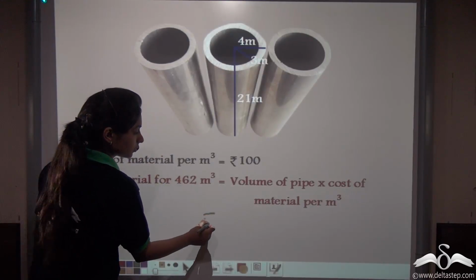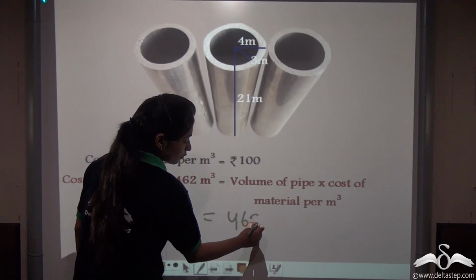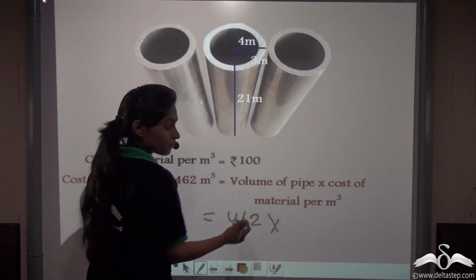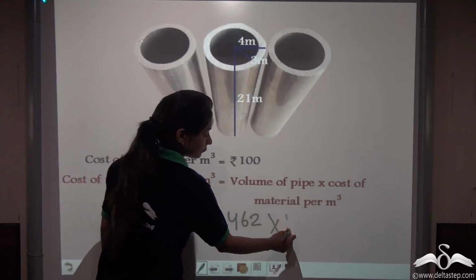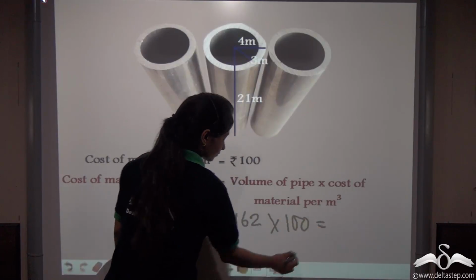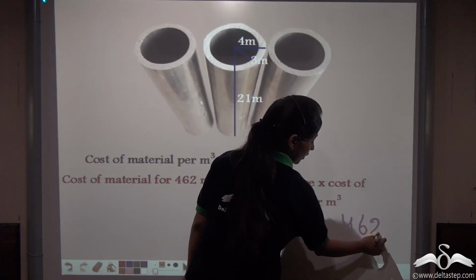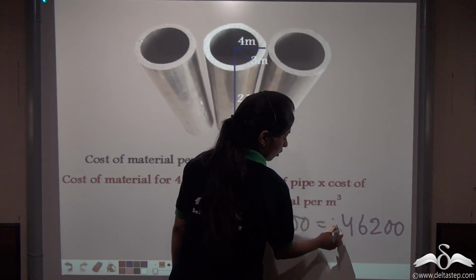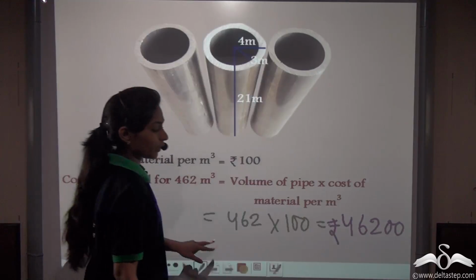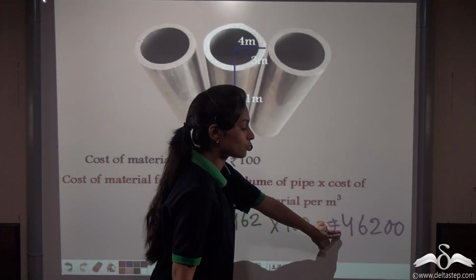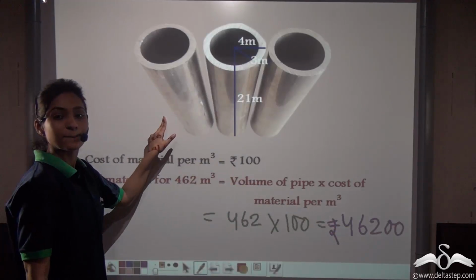So let us do this. 462, that is volume of the pipe, volume of this hollow cylinder, into cost of material, that is rupees 100. This will give us 46,200. Or we can say that the petrol company will incur 46,200 rupees to make these pipelines.